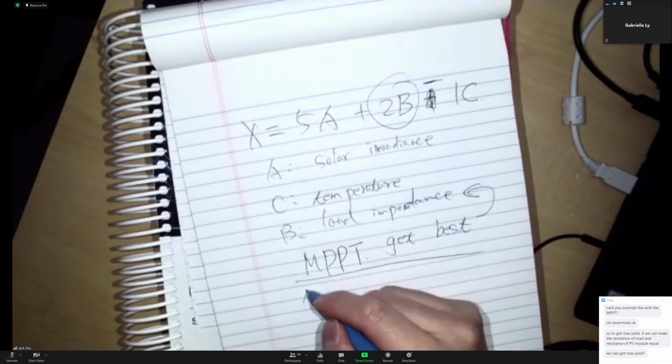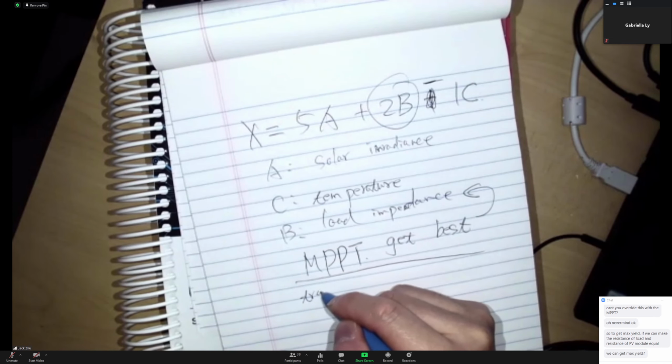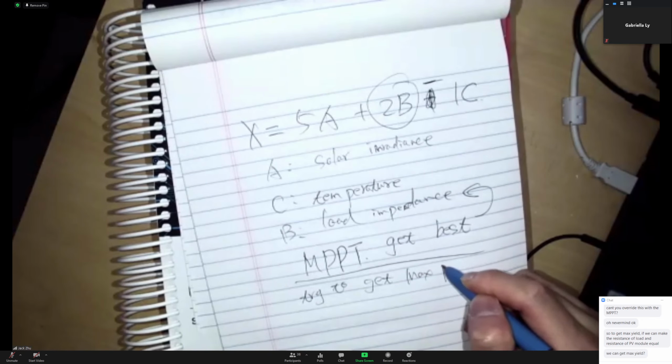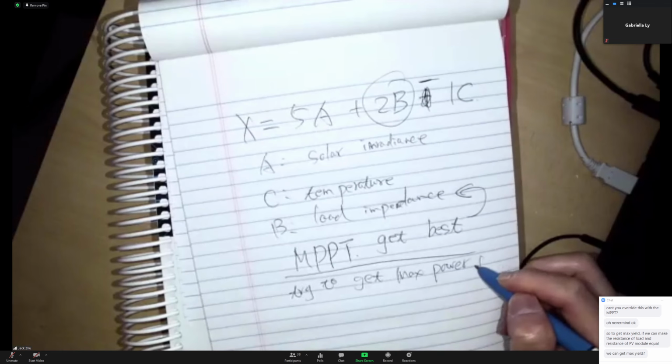MPPT tries to get the maximum power from the panel.